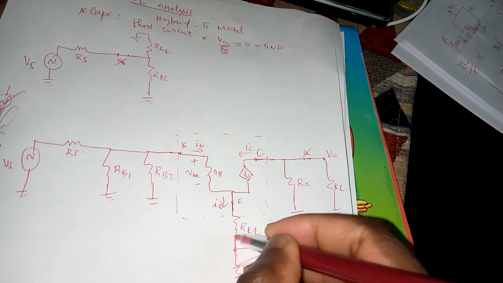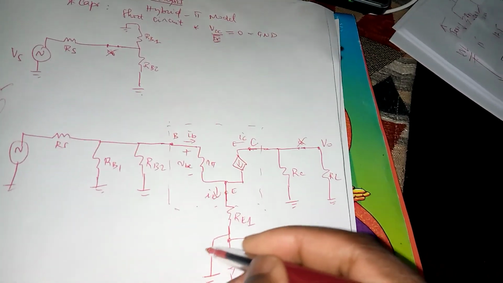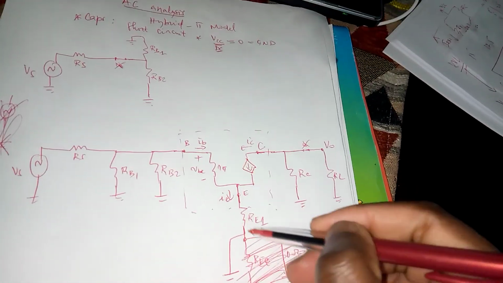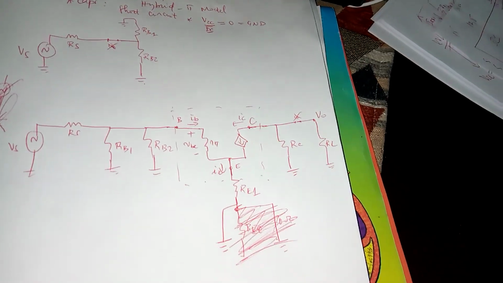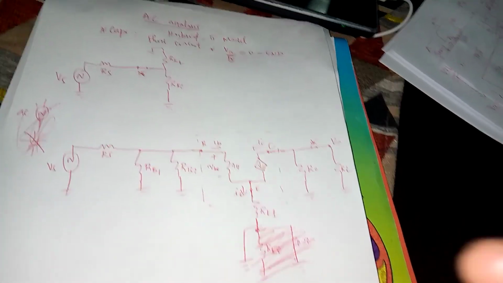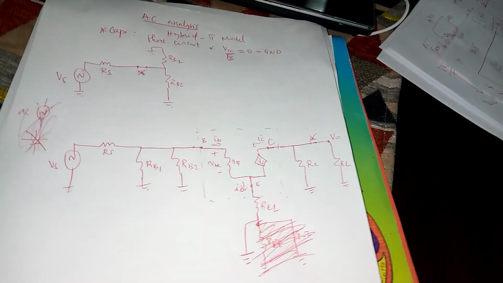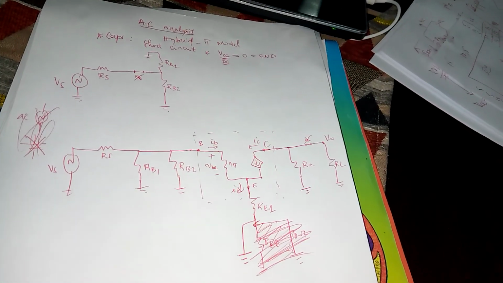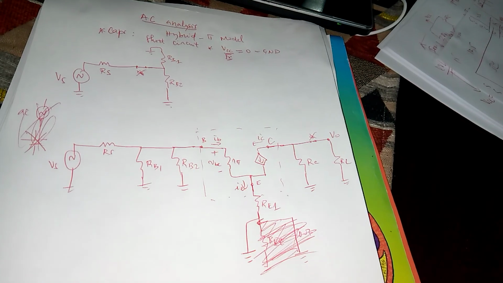So at the end of the day, it's more like you are going straight to ground through a 0 ohm. So that's how RE2 doesn't get to take part in the AC analysis of this specific type, where one of the two emitter resistors, because it's a double emitter case, is bypassed by capacitor CE.